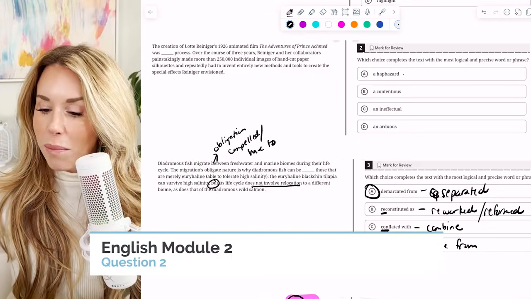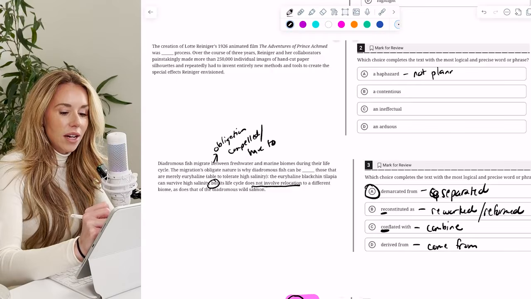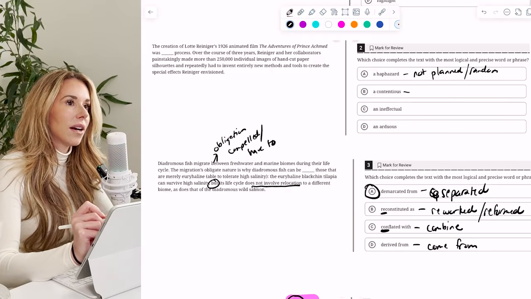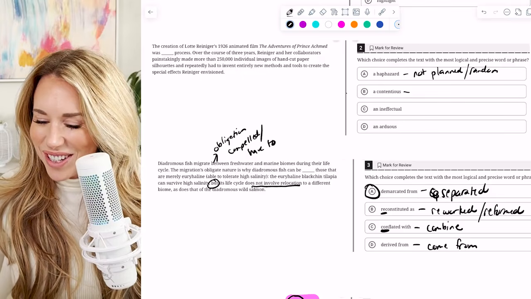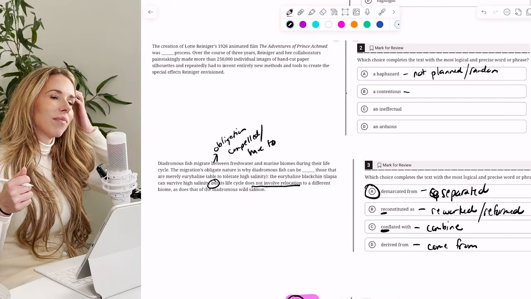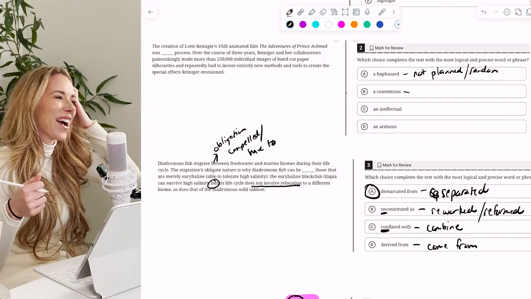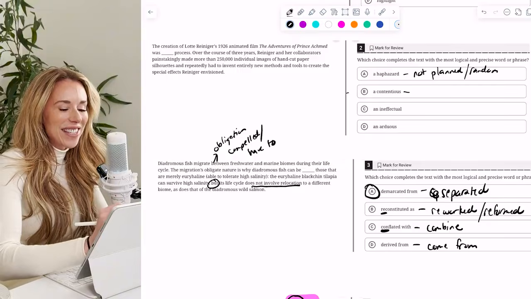So same thing. Haphazard means it's not planned. It's kind of random. Contentious, it's like, what's the word I'm looking for? Okay, it's negative.